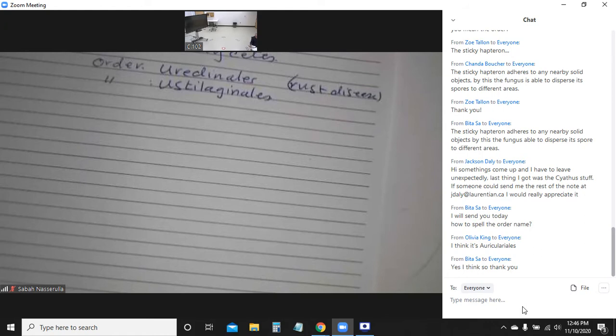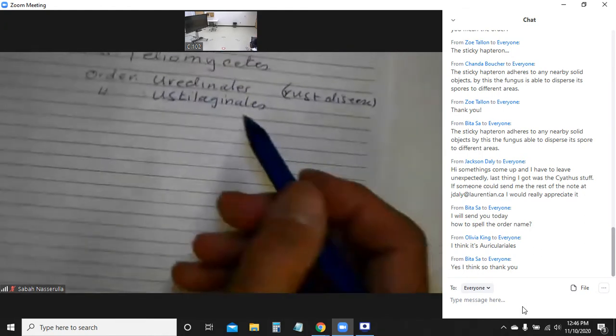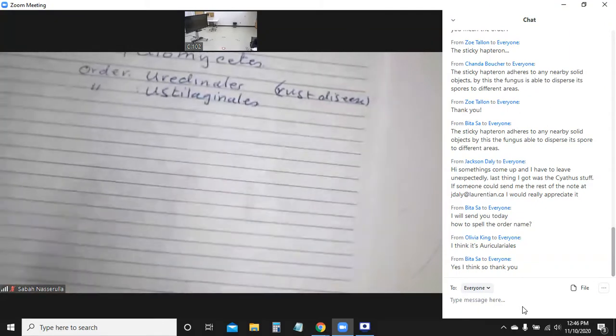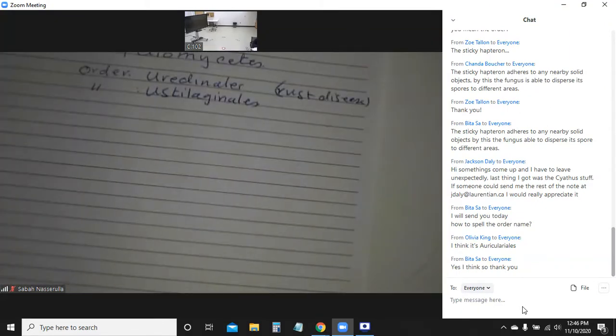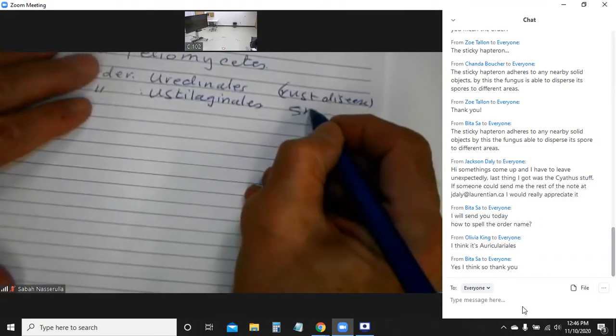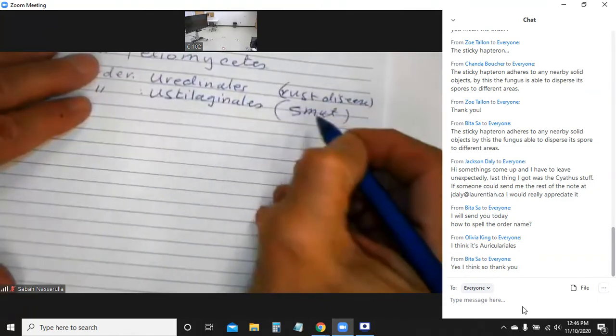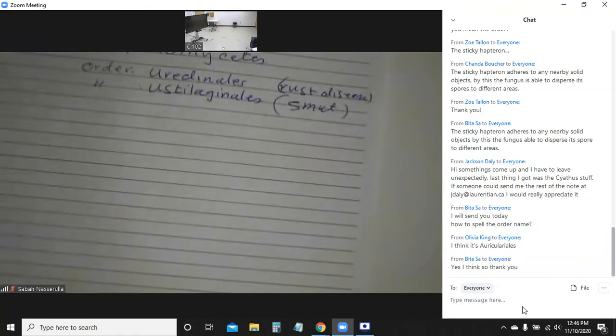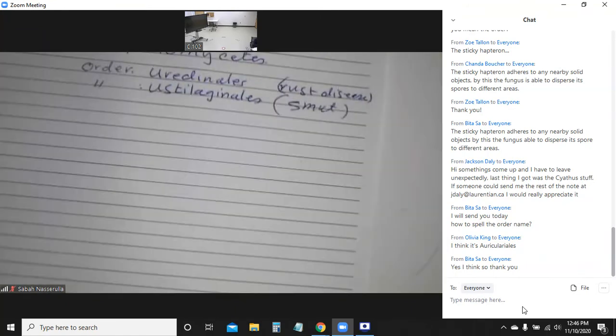That we call the rust disease. The other one, Ustilaginales, basically develop very black spores, and they call them the smuts, and mostly occur sometimes on the corn, called corn smut.